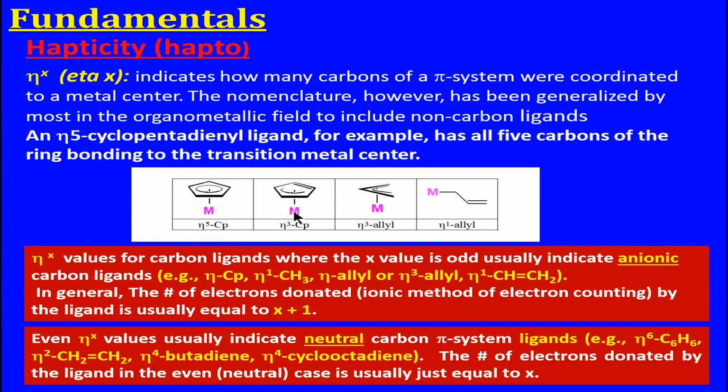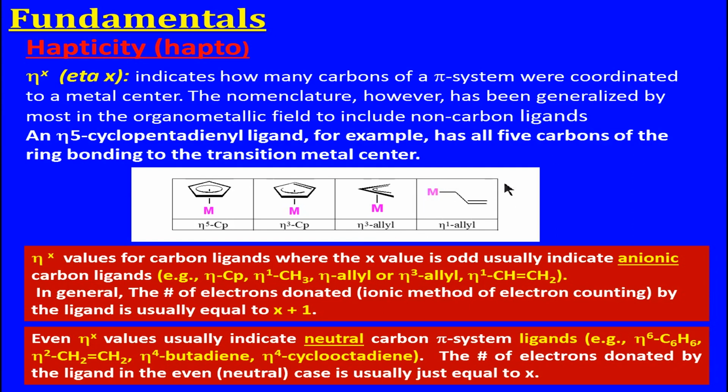In this figure, M is bound to 3 carbon atoms of a pi system, so this is hapto-3 or eta-3. M is bound to 3 atoms of a pi system, so this is a hapto-3 allyl.